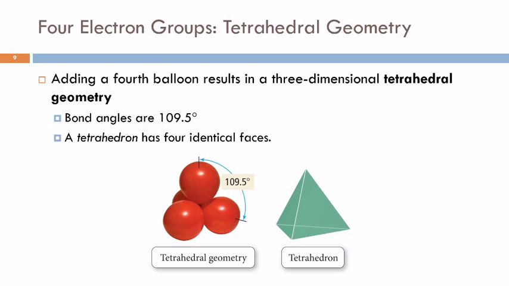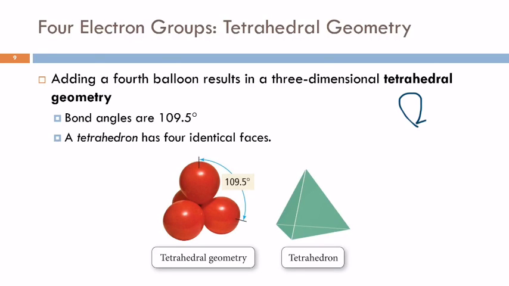When we add a fourth balloon, we no longer have a planar geometry. So adding that fourth balloon pushes the others down a little bit. If we flatten this and make it planar, then we're going to have 90-degree angles, and that's not ideal.